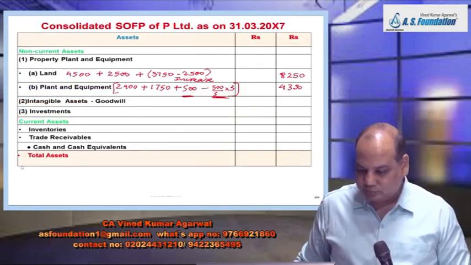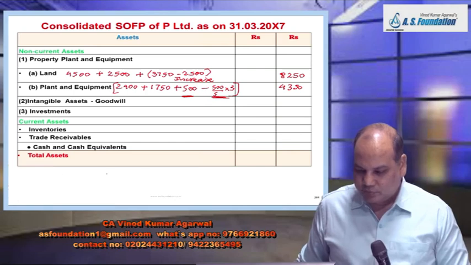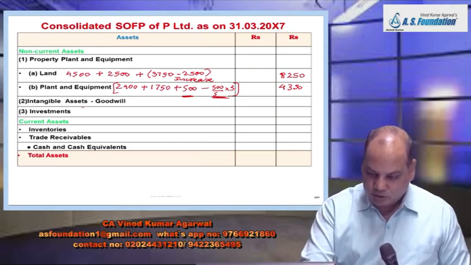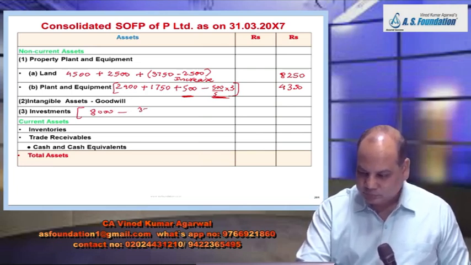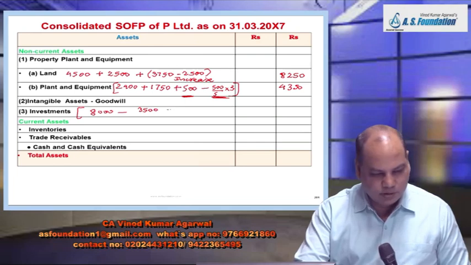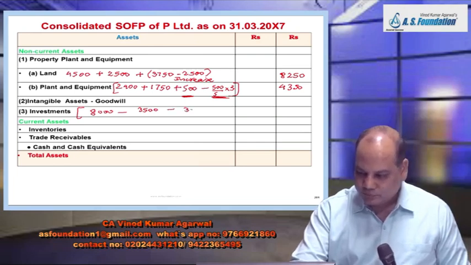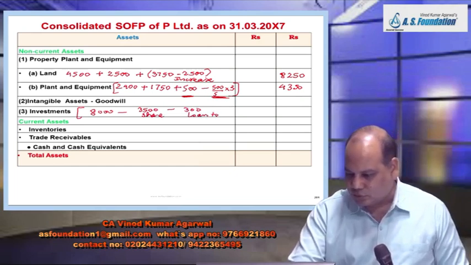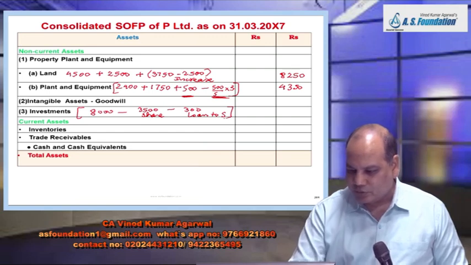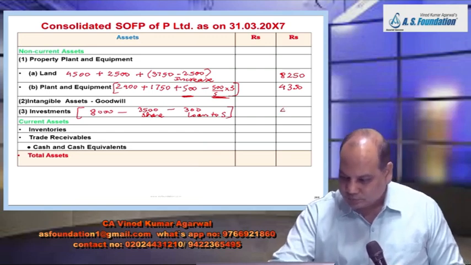Investment, right here, total investment is 8,000. Investment in shares 3500, investment in loan 300. Shares, and this is loan to S. So 4,200.